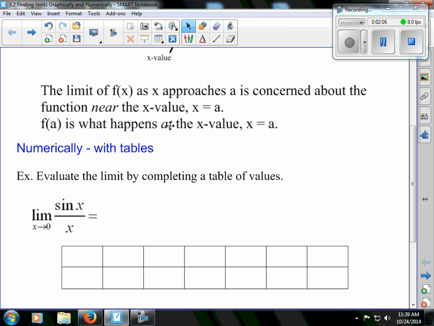We've already learned that. That is simply the y value when you plug a into x. So if I plug a in for x, then f of a is the y value, and that's pre-calculus and we're done. In calculus, we're not going to care about what happens at the number, only what happens near it.